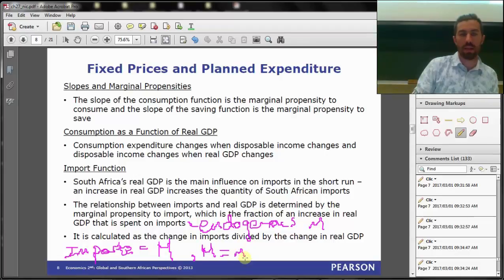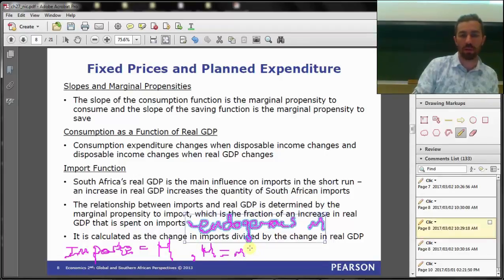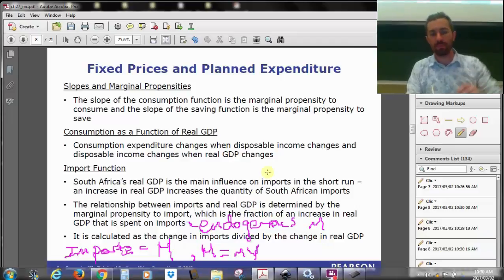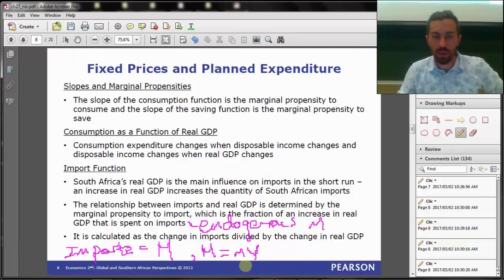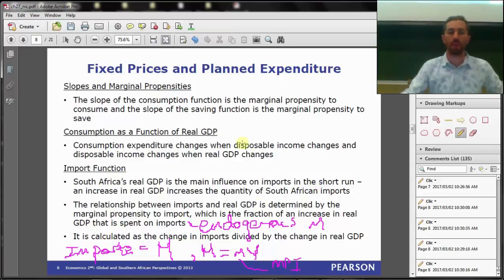We're going to call little m the marginal propensity to import, and it's going to be a function of output Y. It might even be easier just to write with my mouse here. So this little m is going to be called the marginal propensity to import. That's what it's describing here, and we'll talk more about what that means.